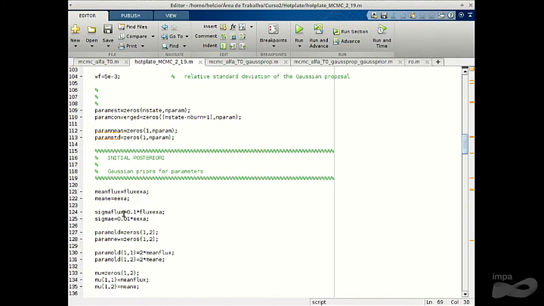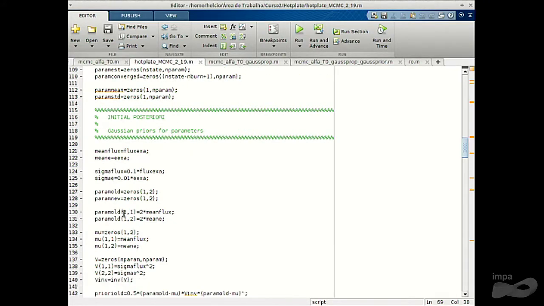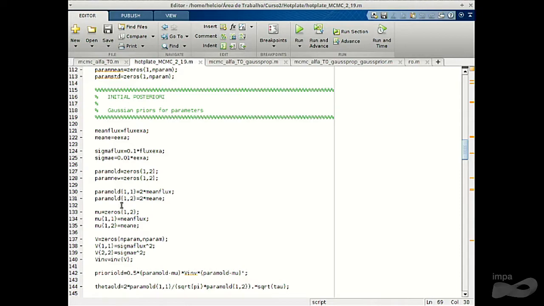What else? Okay, the priors. Let's assume that these are the means. I'm using here truncated Gaussian priors again, where I'm assuming that the mean of this prior is the exact flux and the exact effusivity.